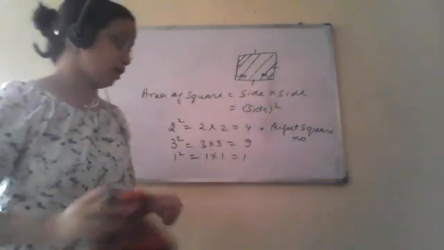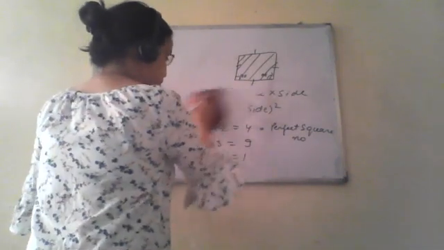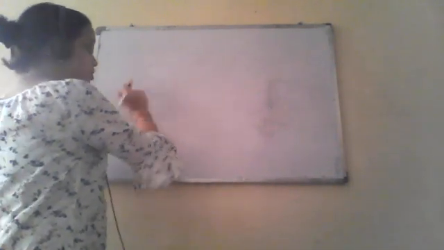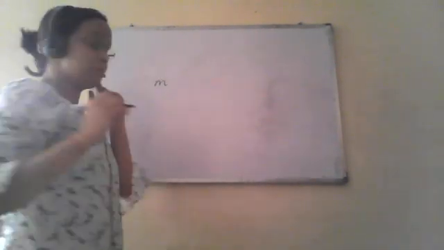Now, how will you define a square number? In general, take a natural number m.